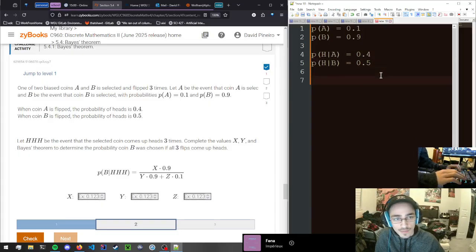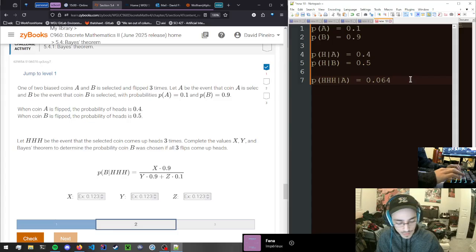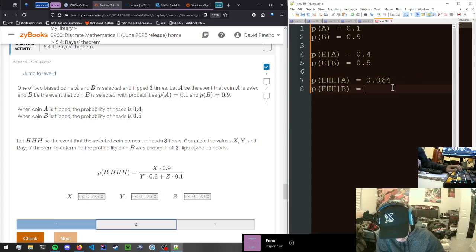Alright, so let's do something. What is the probability of getting 3 heads in a row? It is 0.4 to the 3rd power, 0.064, right? And 3 heads given B is 0.5 to the 3rd power, which is this.